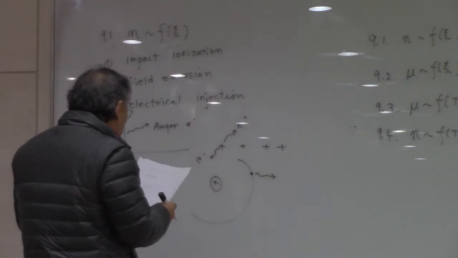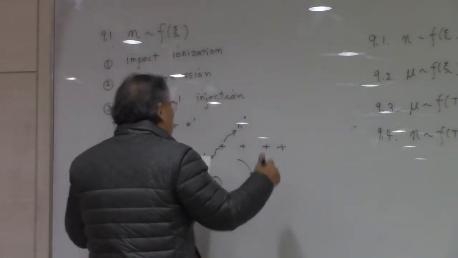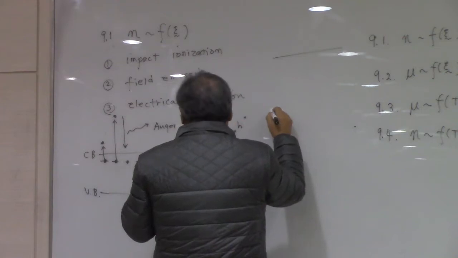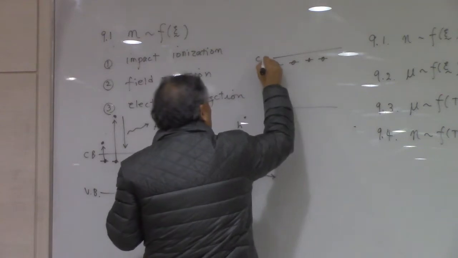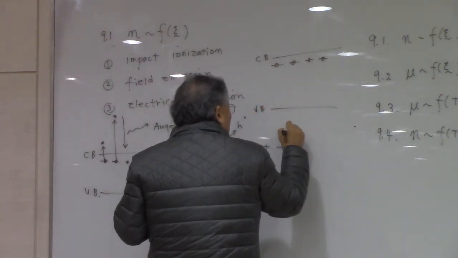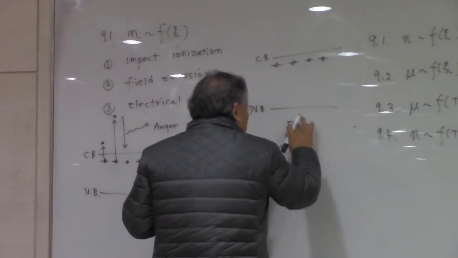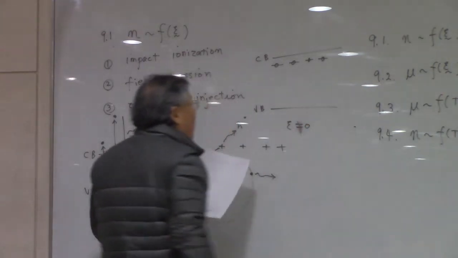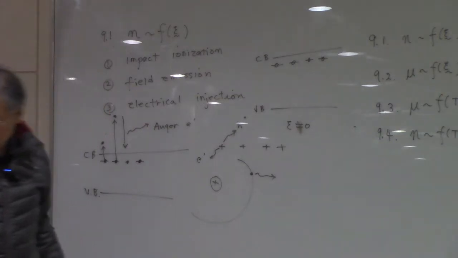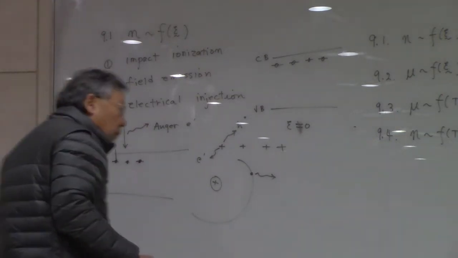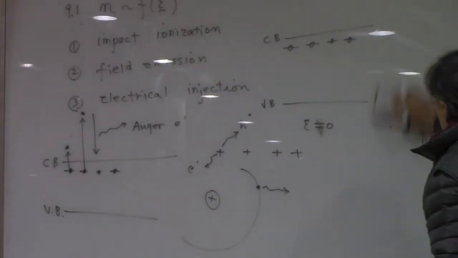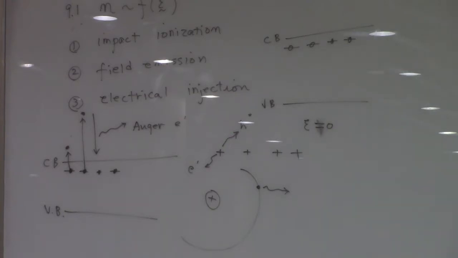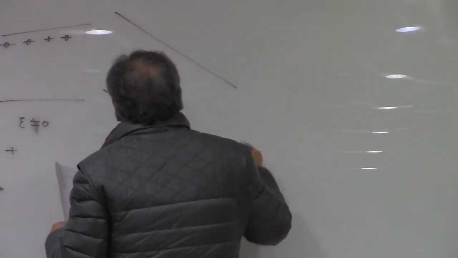Okay, the field emission can be pictured something like this. If you have electrons trapped below the conduction band, with the valence band, when the electric field is not applied, then the band structure is going to look like this. But if you apply the electric field, then now the band is going to be changed with some slope.